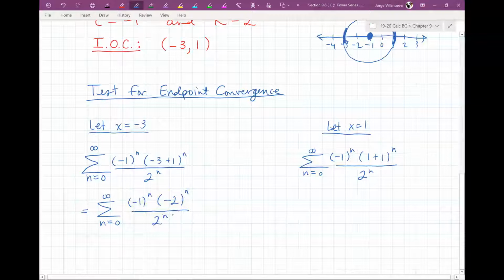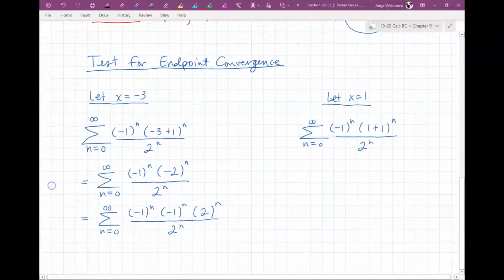Now here's a little trick. If you notice that you have a negative number taken to the nth power, you can actually split this into the following: -1 to the n, 2 to the n, over 2 to the n. You guys see that? Because -2 is just -1 times 2. So -2 to the n is the same as -1 to the n times 2 to the n. Right?